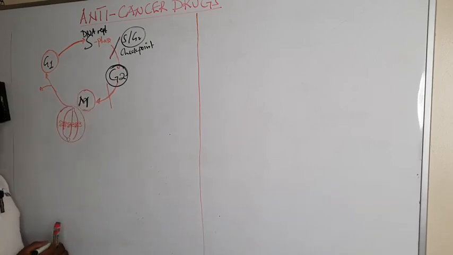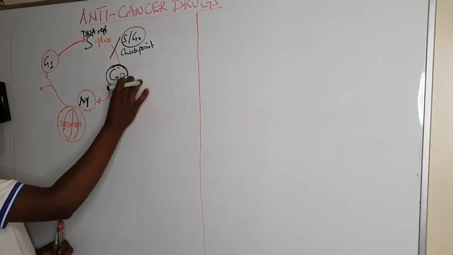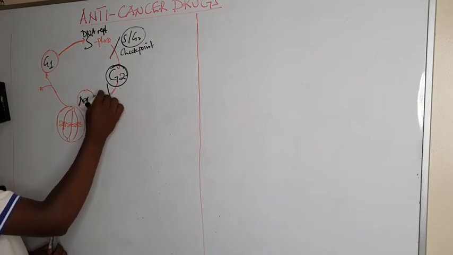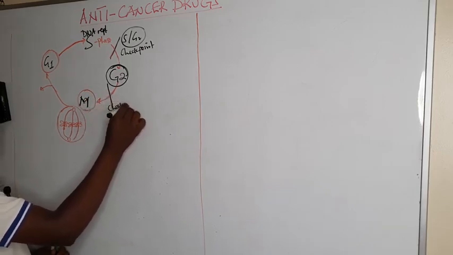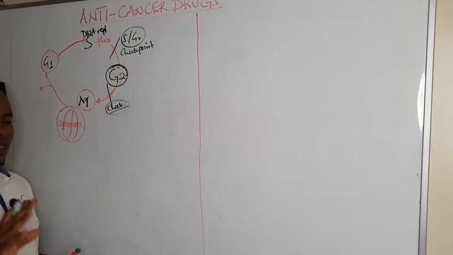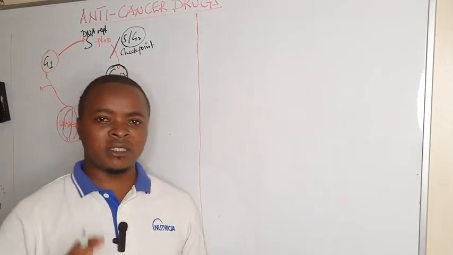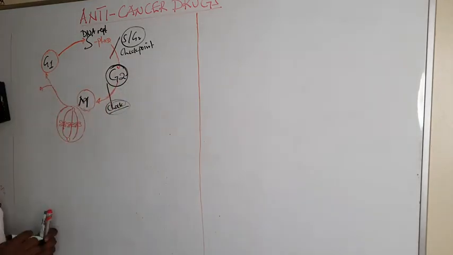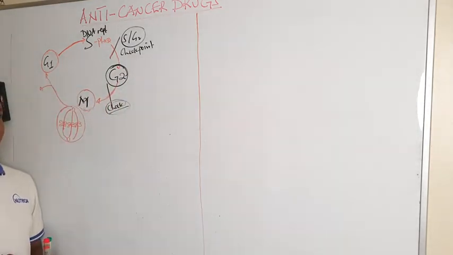Before the cell moves from gap 2 to M, there is also another checkpoint. At this checkpoint, the cells are checked for any presence of abnormality or damage before it proceeds to cell division, what we call mitosis phase.